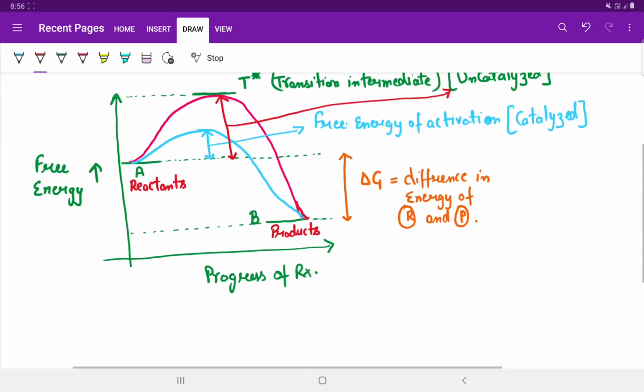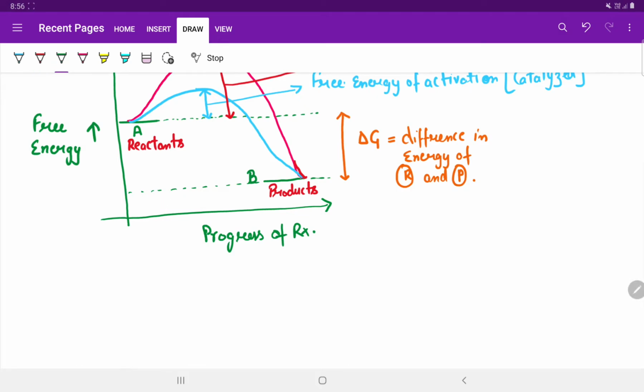So a general reaction can be represented as enzyme plus substrate. They will reach an equilibrium to a transition state of enzyme substrate complex, which is finally converted into enzyme and product.